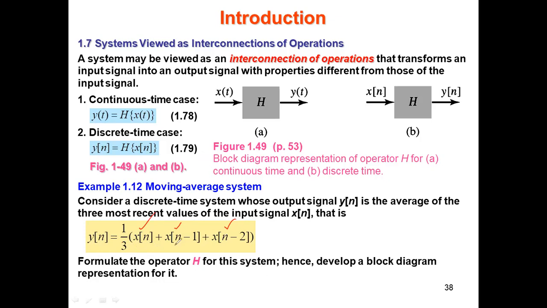Current value plus previous value plus the value previous to that, all divided by 3. Are you convinced? Now say we want to implement this. What does the system do, by the way? Can anybody tell me what this particular system does?